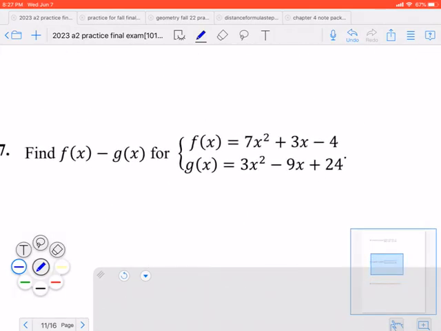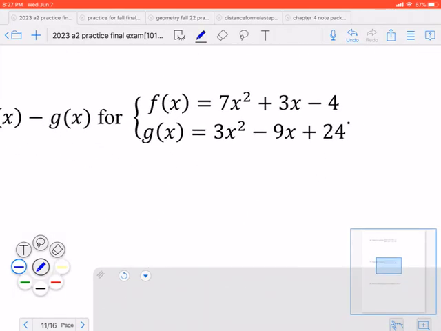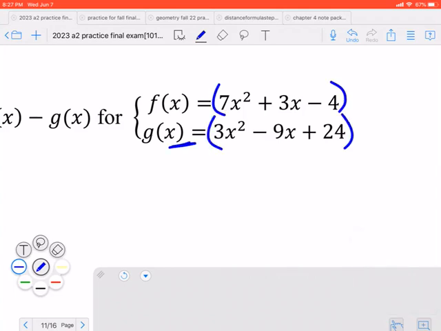Now we are subtracting. So I'm taking f of x and I'm going to subtract g of x. That means I would have to distribute that minus. So we're going to have 7x squared plus 3x minus 4 minus 3x squared plus 9x, because minus negative is plus, minus 24.